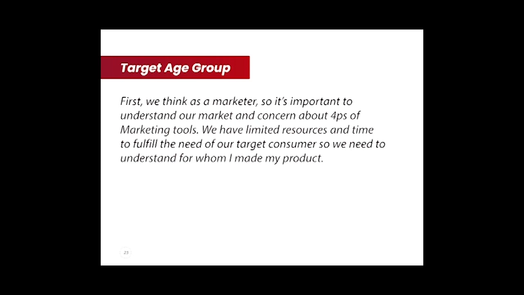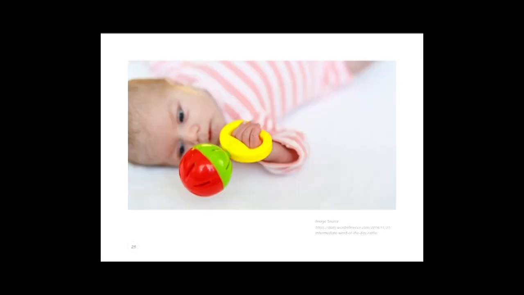So first you think as a marketeer how your design is better for a selective age group, who will be your buyers and how we create potential buyers, right? For example, you create a toy for a 6-month baby. So in your design or product, what element do you think will help your toy be easily accepted?